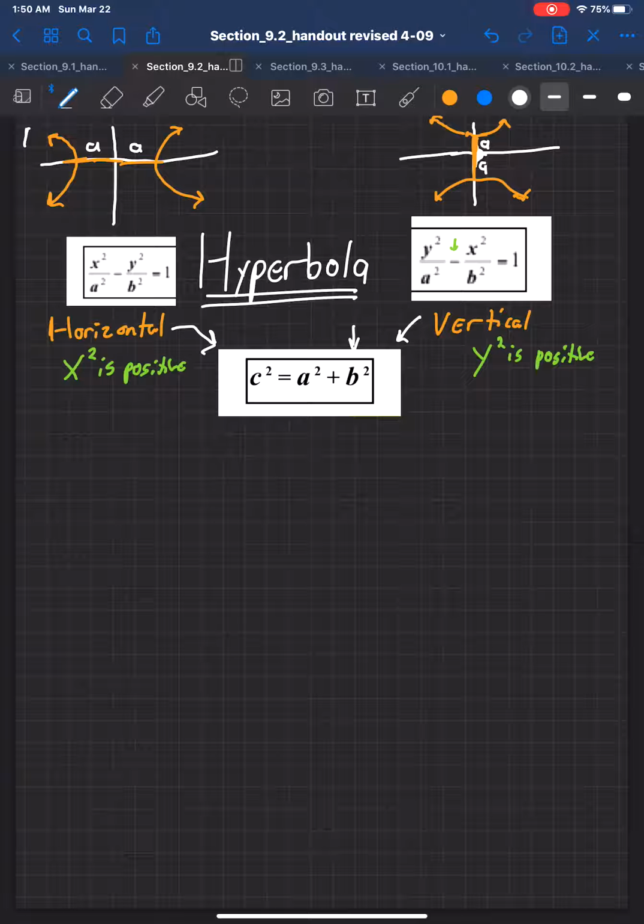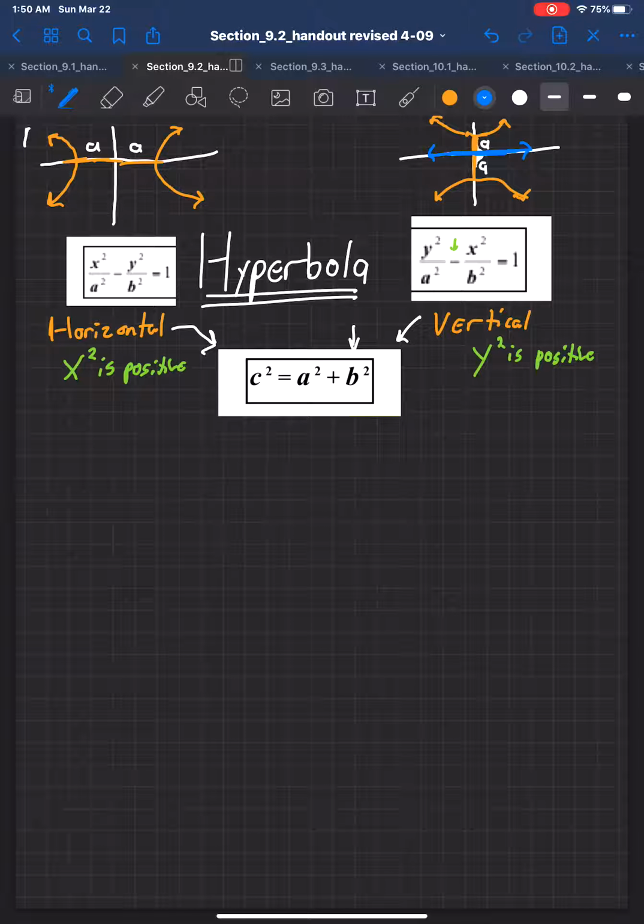I won't go into great detail, but you can imagine there is another axis, not the transverse axis, but one that runs perpendicular to it, which I believe is the conjugate axis.